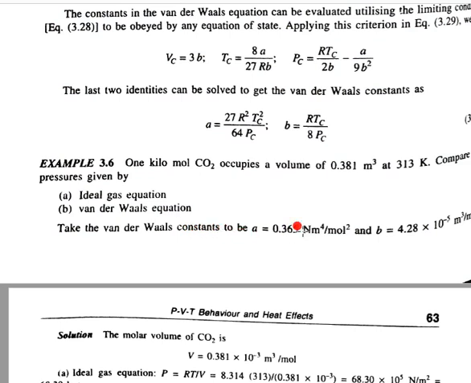Take the van der Waals constant a as 0.365 Newton meter raised to 4 upon mole square, so consider here the values of van der Waals constants in the form of Newton meter raised to 4 upon mole square, and b is given as 4.28 into 10 raised to minus 5 meter cube per mole. So here we are adjusting all units into one terms, that is meter cube and meter raised to 4.